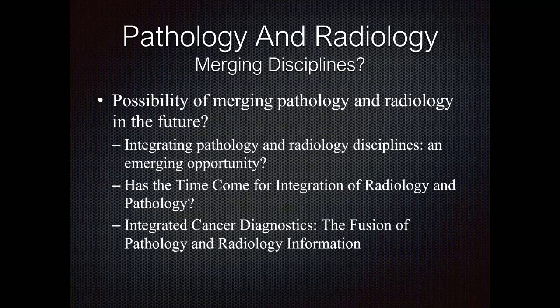I mentioned there are subspecialties of specializing in pathology and radiology, but there's also talk, and I use the term loosely, of potentially merging the fields altogether as we get better diagnostic tools with radiology, and our pathology gets better, and we're better able to find things sooner using radiology.